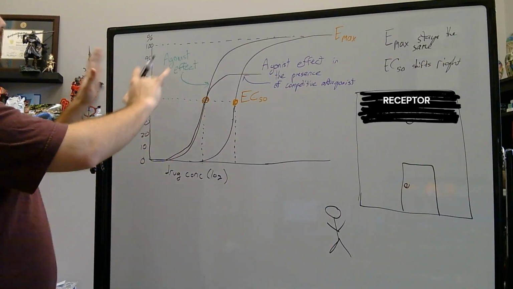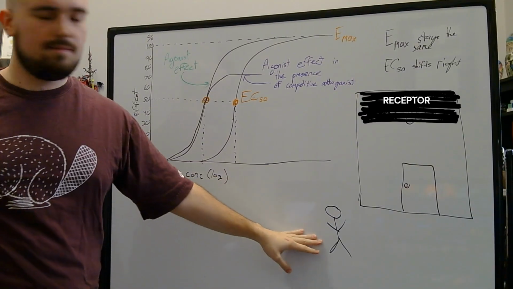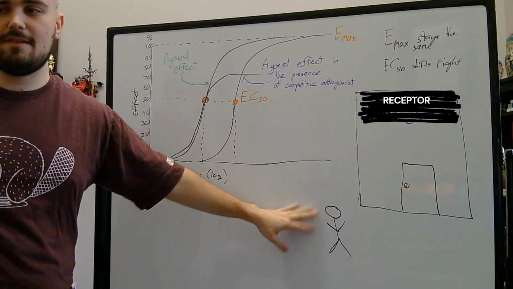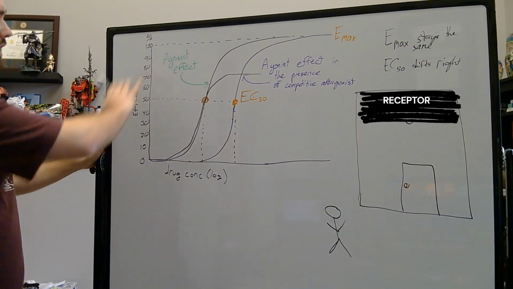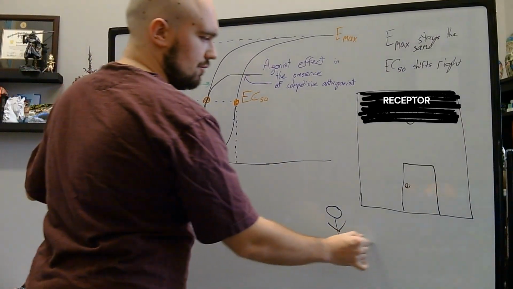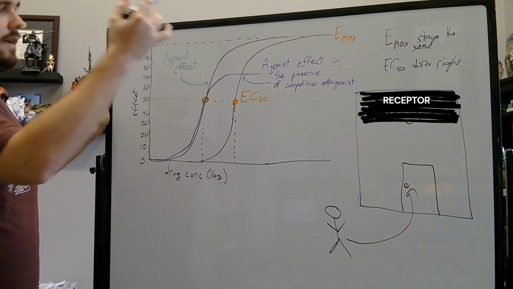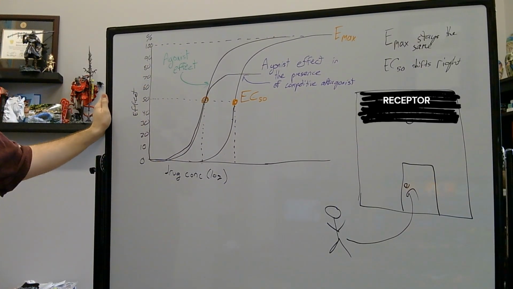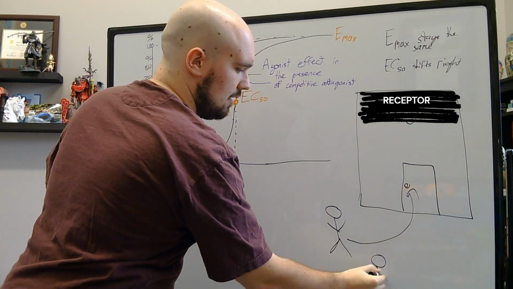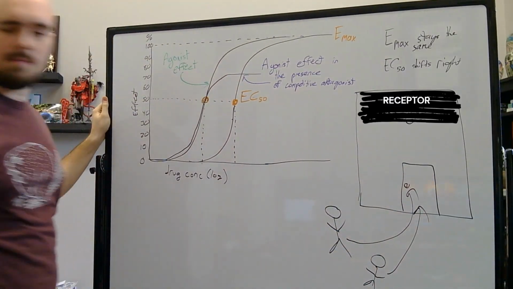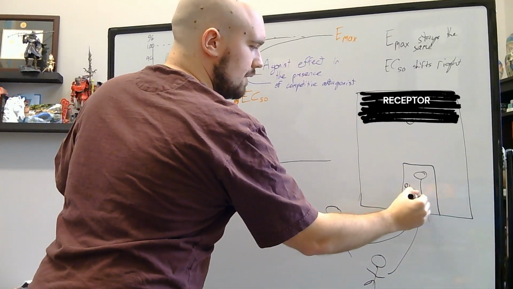So if you have nothing on board, it's just the agonist. This is Mr. or Mrs. Agonist, I don't really care, first name Agonist. They want to enter the building, the body. If there's nothing on board, they'll just go straight in and open the door and walk in. A competitive antagonist is another person also going to the same door, standing in front of it.